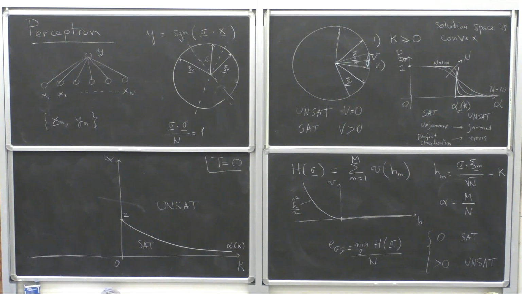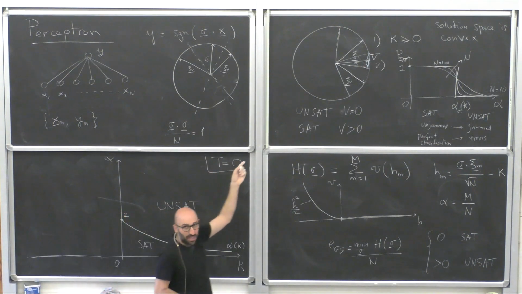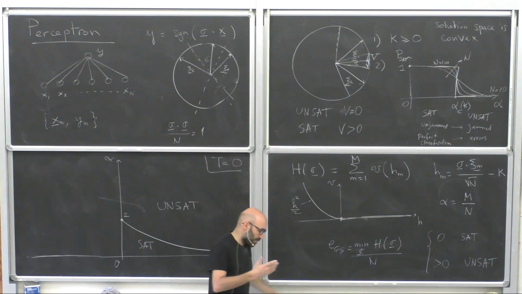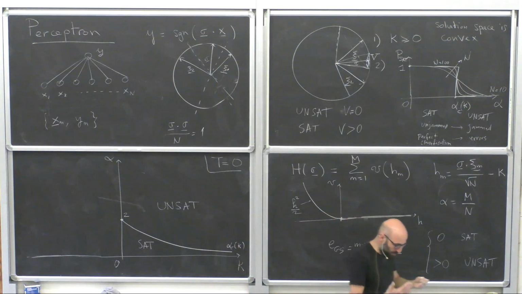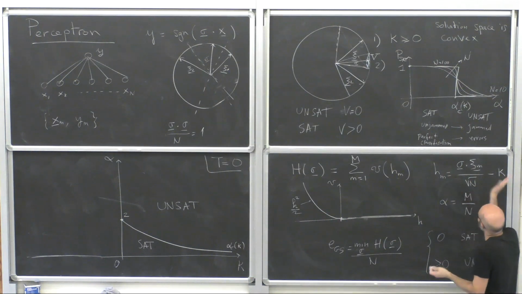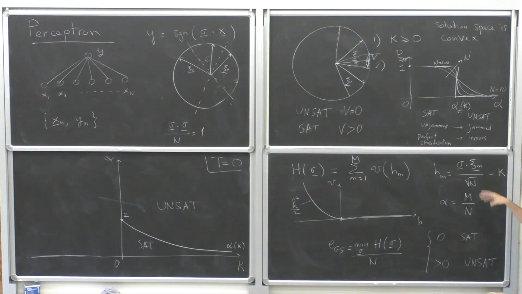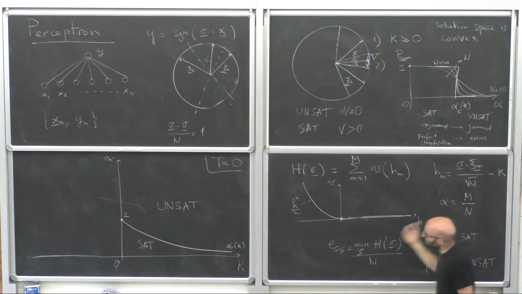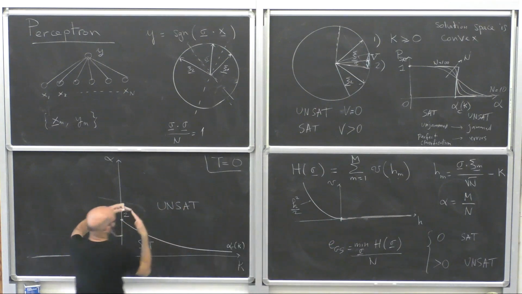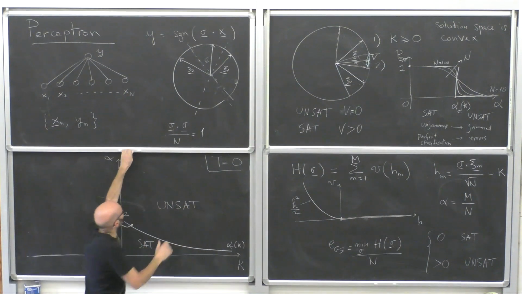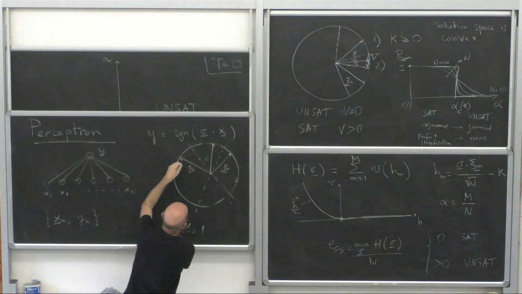It doesn't make sense in terms of classification, because kappa is a stability, so you want it to be positive, but formally you can still do it. It's still a problem of satisfying constraints, except that I shift this value.